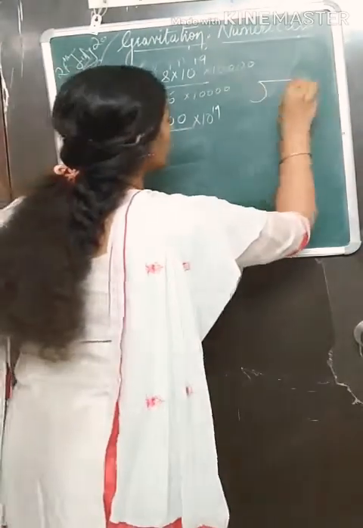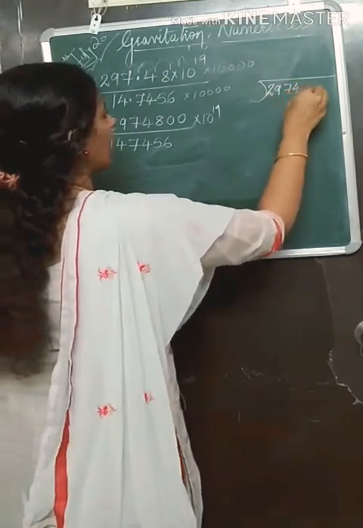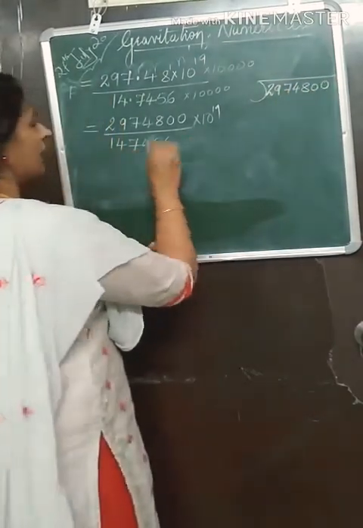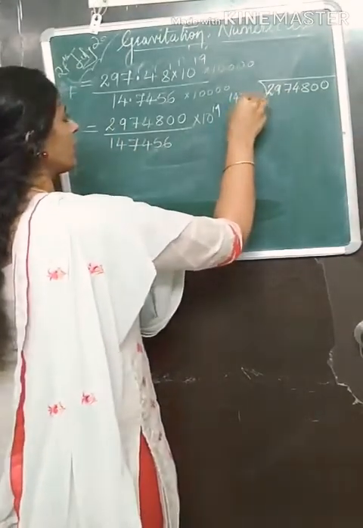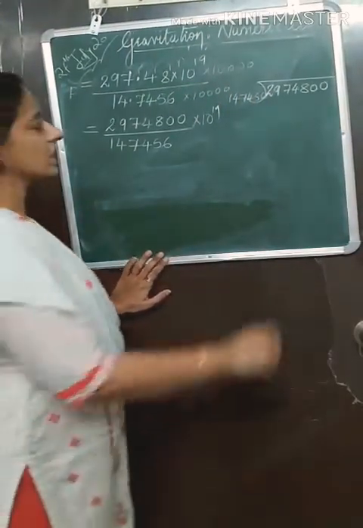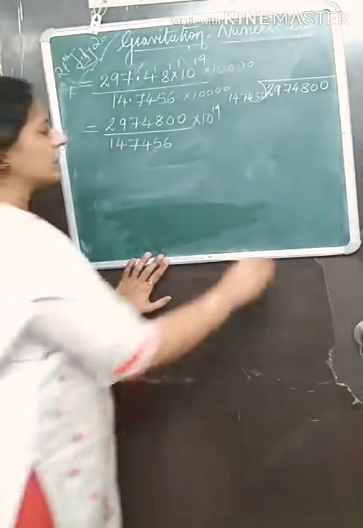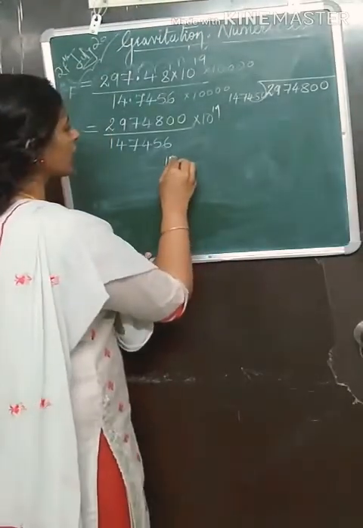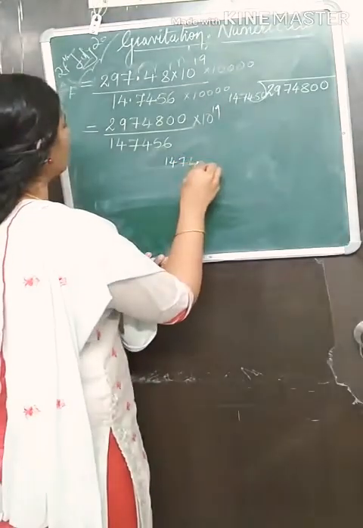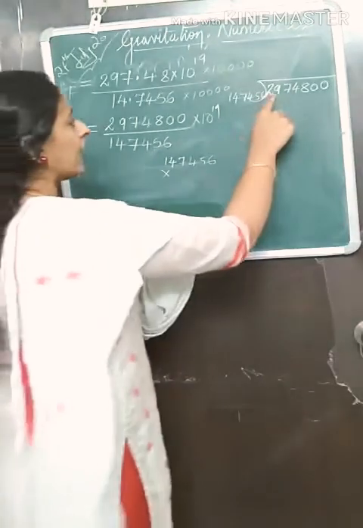So in my working column, we have 2974800 divided by 147456. Okay, 6 digits, and we have here 7 digits. Let us see. Here I'll take it as my working column. 147456 multiplied by, we want 29.